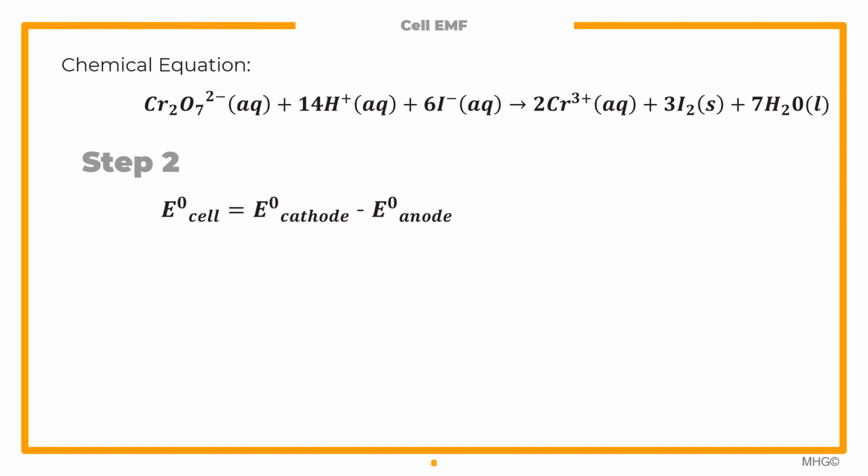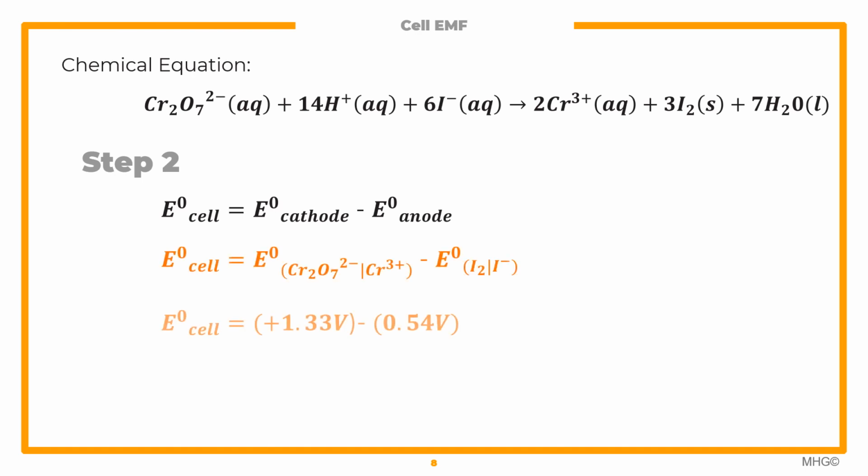According to the table of SRP, we have the following values for the reduction potential. And so we find that the cell potential under standard conditions is 0.79 volts.